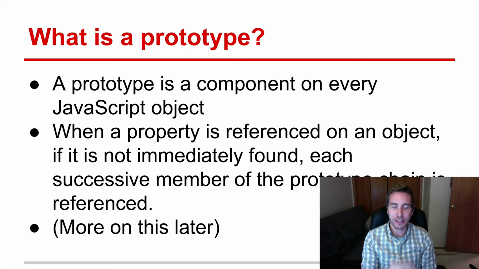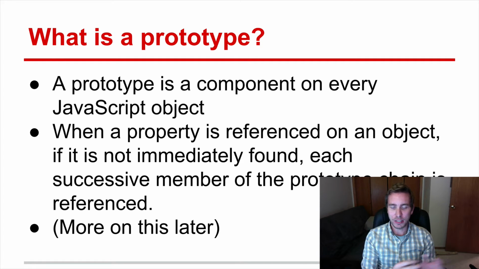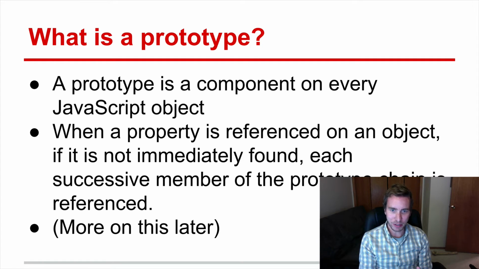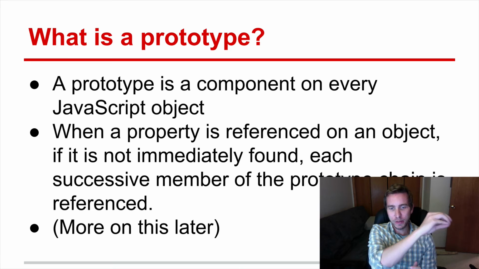And the way, ultimately, that these prototypes interact with one another is if you were to make, say, a subclass of a parent class, if you tried to access a property on that subclass, and it wasn't found on the subclass, it would check the prototype chain, so it would look at its own prototype and see if the property that you were trying to reference was on that, and it would continue to ascend the prototype chain until it ran out of places to go.